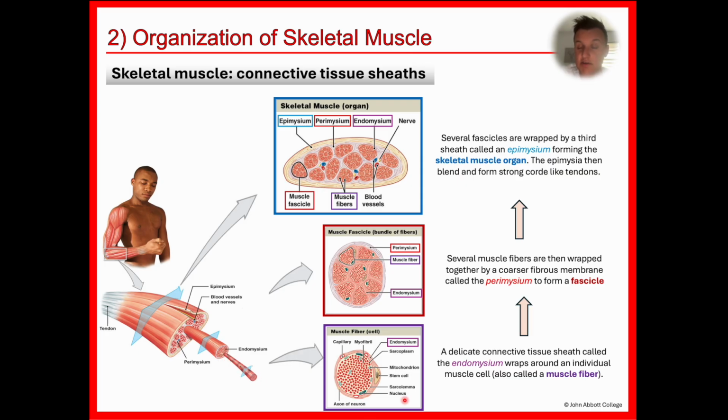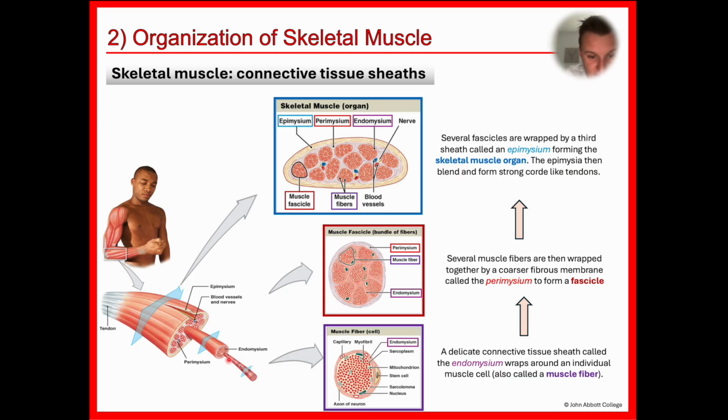And around it, you see a connective tissue. It's kind of like an epithelium: there's always some connective tissue at the bottom. Well, here, the connective tissue is surrounding this, right? And so what do we call that? This is a delicate connective tissue sheath that's called the endomysium. Mysium means muscle. Endo means inside. It's the innermost connective tissue, okay?